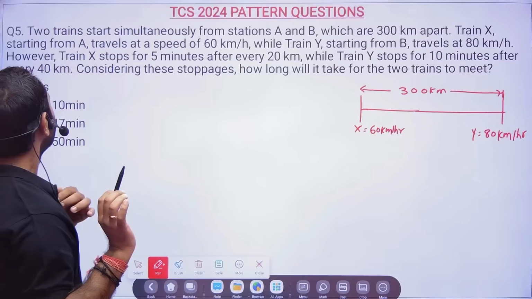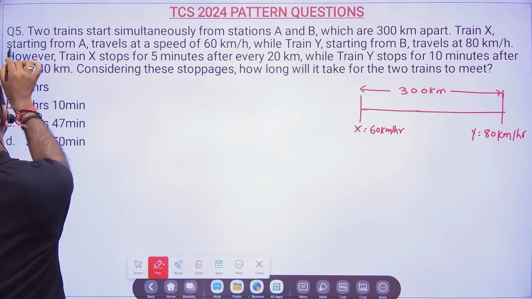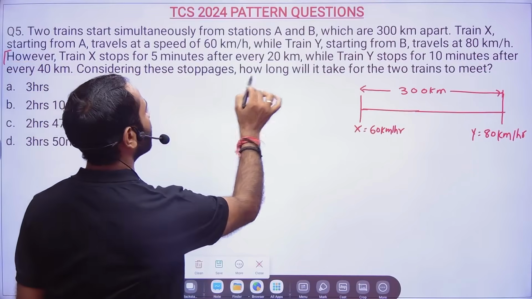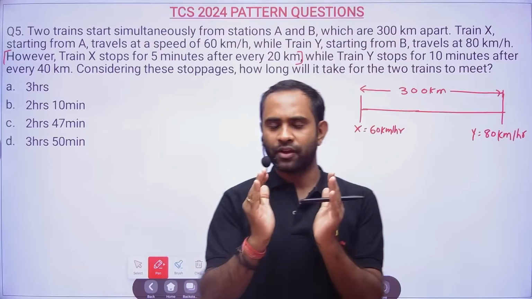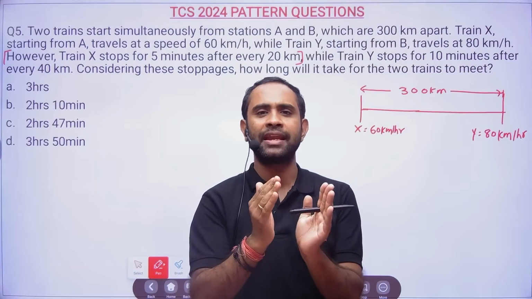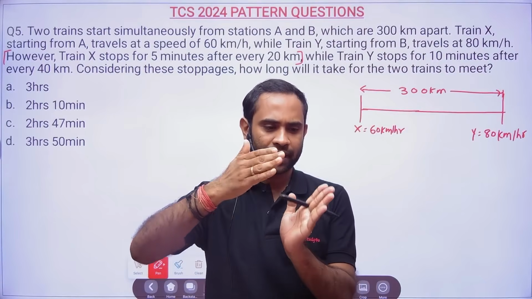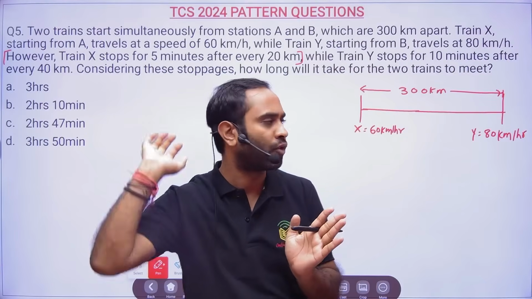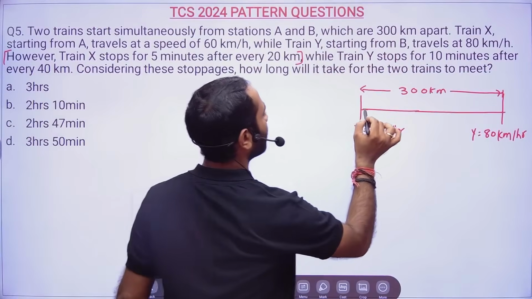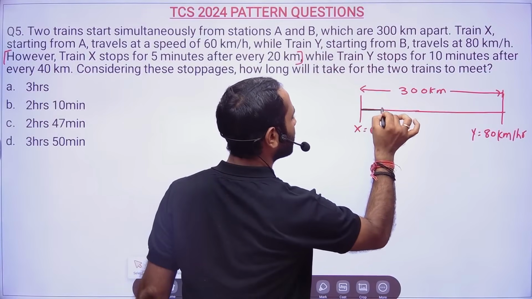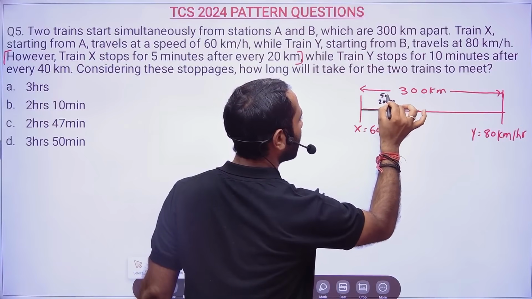However, train X stops for 5 minutes after every 20 kilometers. So friends, you can say train X is covering that 20 kilometer distance in its time plus 5 more minutes. It goes for 20 kilometers, and then stops for 5 minutes, right?